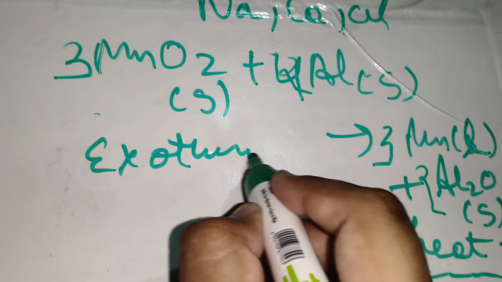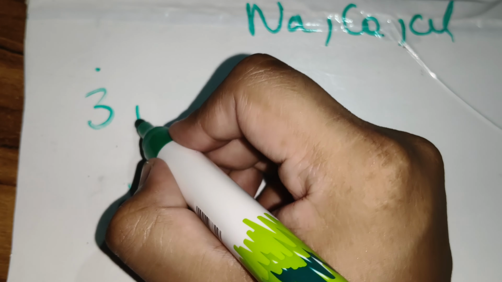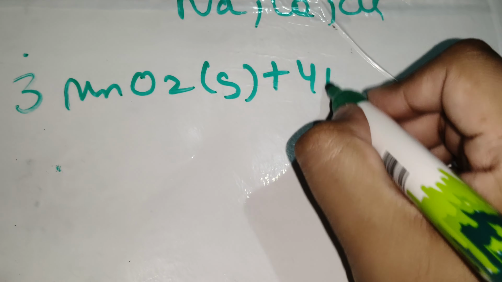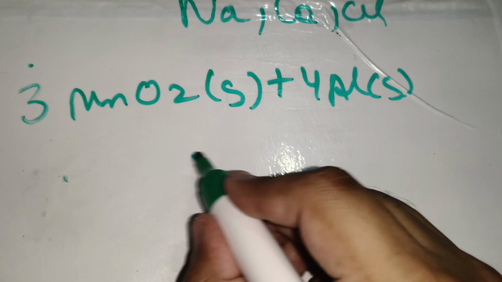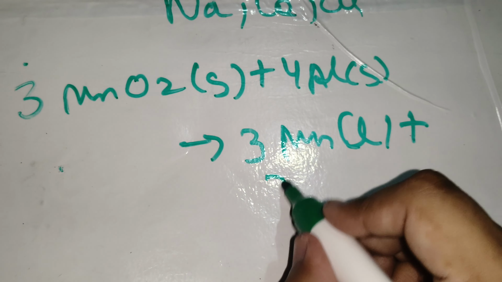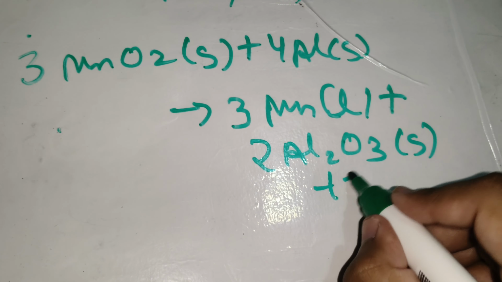So let's make it fair: 3 magnesium oxide solid plus 4 aluminium solid gives 3 magnesium liquid plus 2 aluminium oxide solid, plus heat is released.